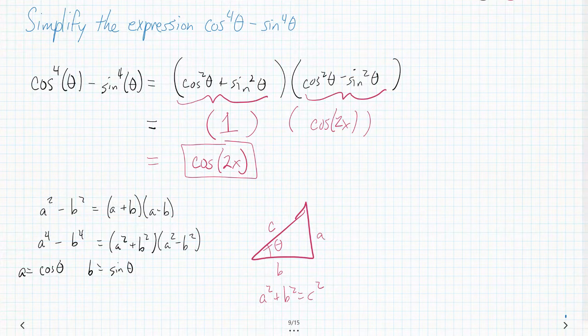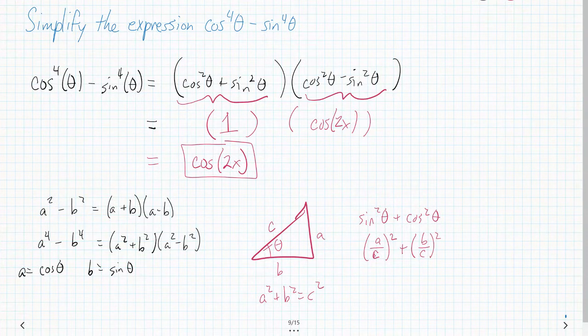So when we take sine squared theta plus cosine squared theta, notice the sine of theta would be a over c, the quantity squared. And the cosine squared theta is b over c, the quantity squared. And so this would be a squared plus b squared all over c squared, right?